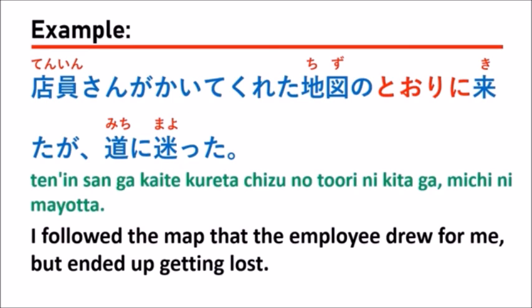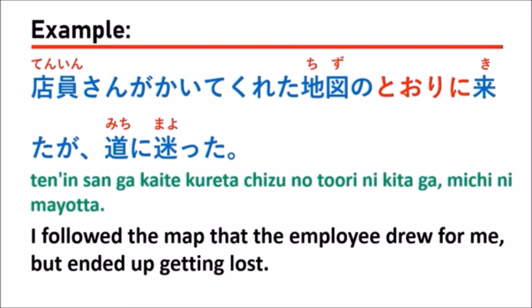This is the difference between using no and not using no, but it has the same meaning, so no problem. In this case, they use the noun chizu, put no after it, and after that follow with tori ni.